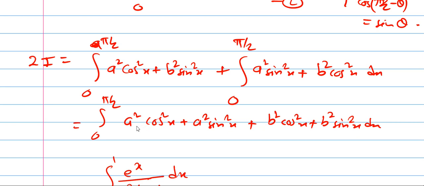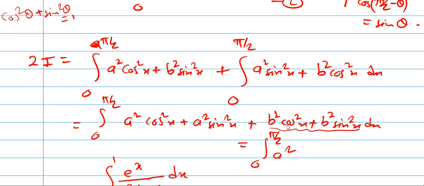So it becomes a square bracket cos square x plus sin square x, and cos square theta plus sin square theta is 1. Okay, so this becomes simply a square. Then here you take b square common. So this becomes b square common bracket cos square x plus sin square x. Cos square x plus sin square x is 1 plus integration 0 to pi by 2 b square dx.